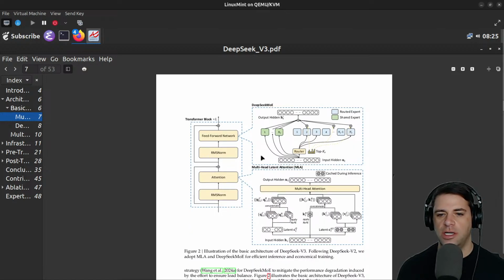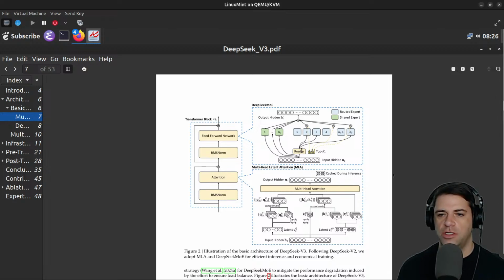We do get this nice diagram where we see that there's a bunch of transformer blocks. They run RMS norm. I think this plus sign here means that they add back the original vector after applying attention to recapture some of the information. And the attention heads use this multi-head latent attention, which they talk about in the V2 paper.